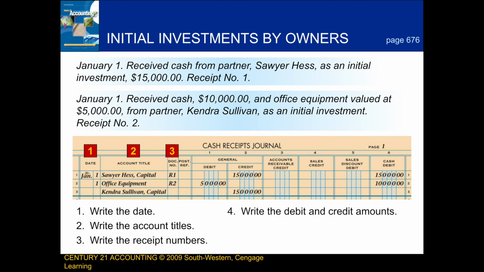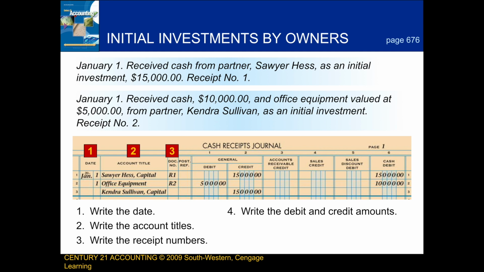Following that, we write the amounts in the general debit and credit columns. The only credit amount for Sawyer Hess is $15,000 for the cash investment. However, for Kendra Sullivan's investment, the debit amount is $5,000 for the office equipment.